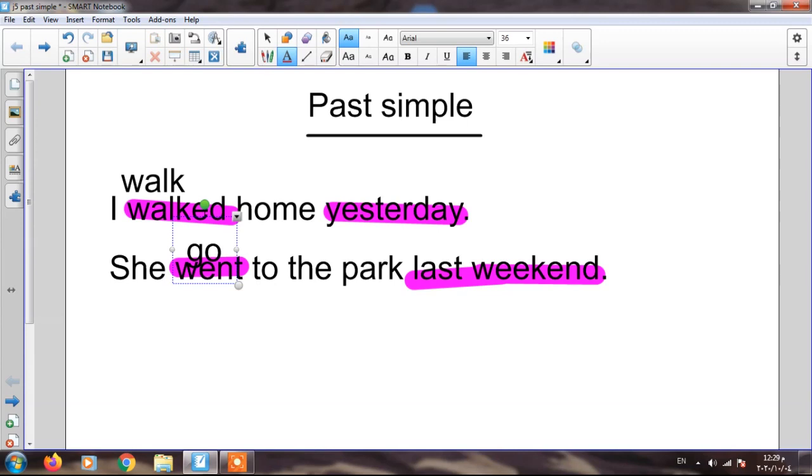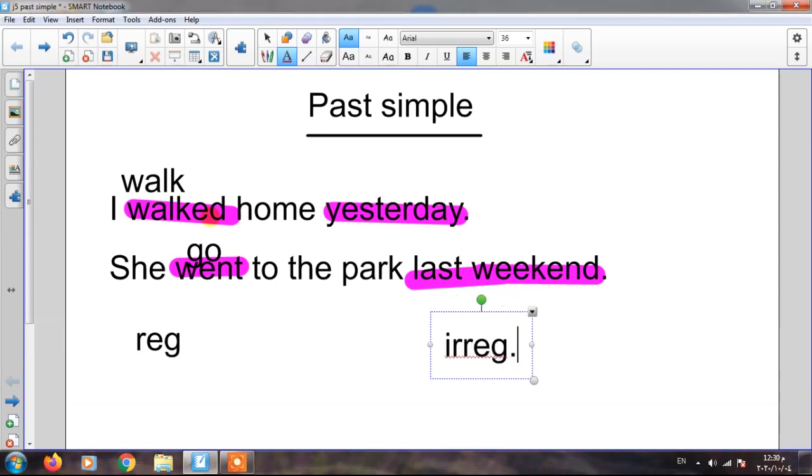So if you noticed here, in the first sentence we have walk and we just add ed to the verb. And the second sentence we have went, which became go. So what's the meaning of this? Let me remind you that in past simple we have two kinds of verbs. One is called regular verb and one is called, yes, that's correct, irregular verb. Okay.